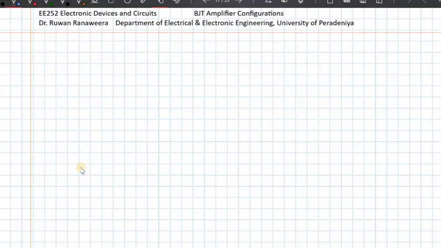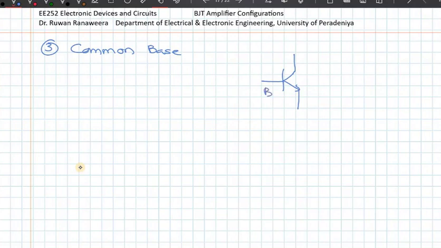Okay, so we have talked about two types. The last type that we are going to talk about is the common base type. Common base amplifiers. Here you have the base, emitter and the collector.